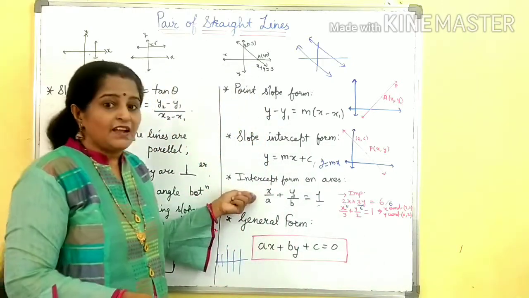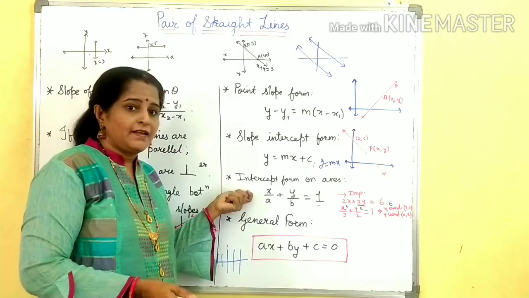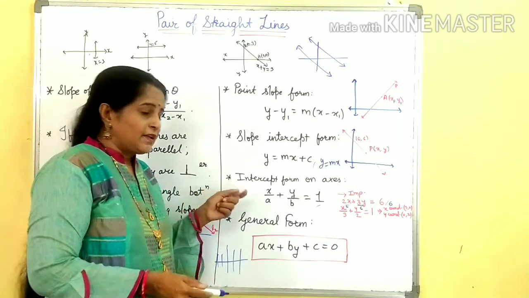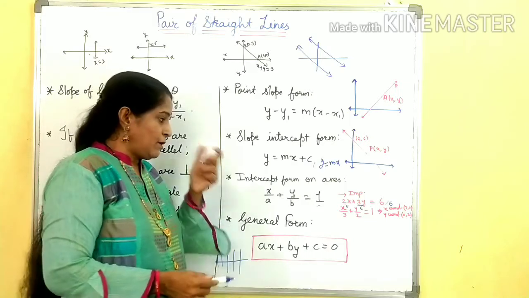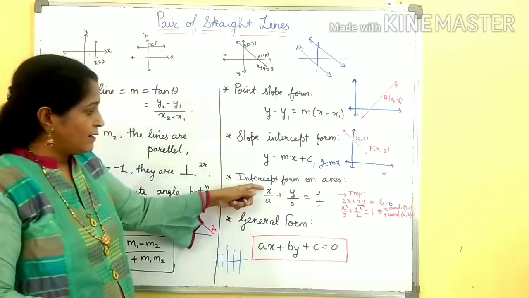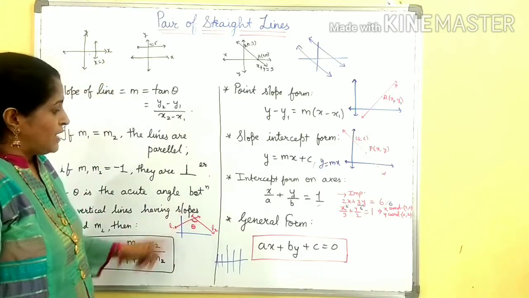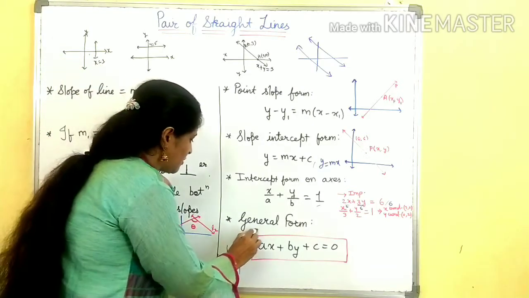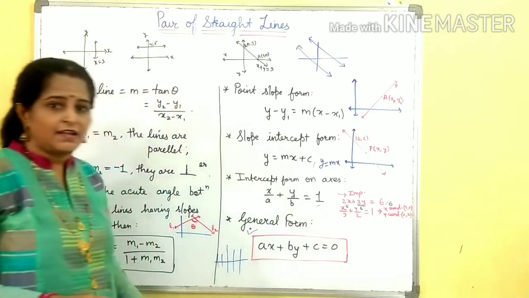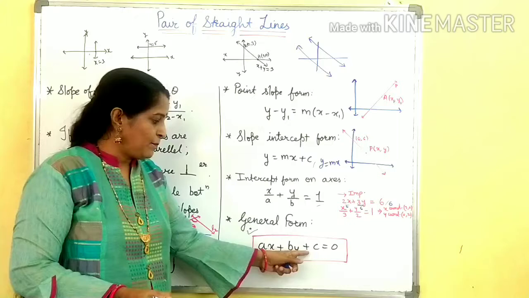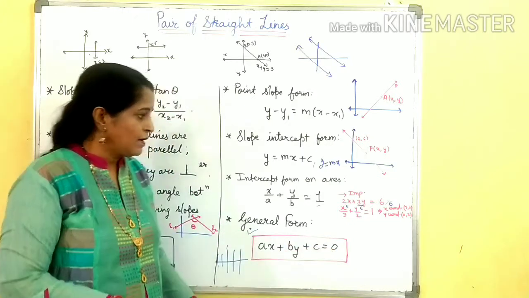This formula is most important regarding LPP, linear programming problems. In that chapter you have to calculate all the values for the x and y coordinates. Now the general formula which we have to study in this chapter is ax plus by plus c is equal to 0.